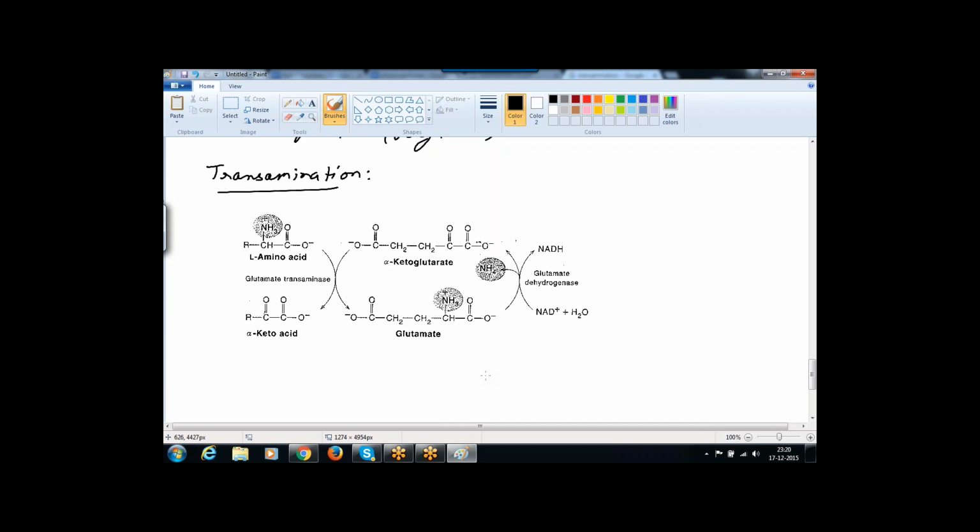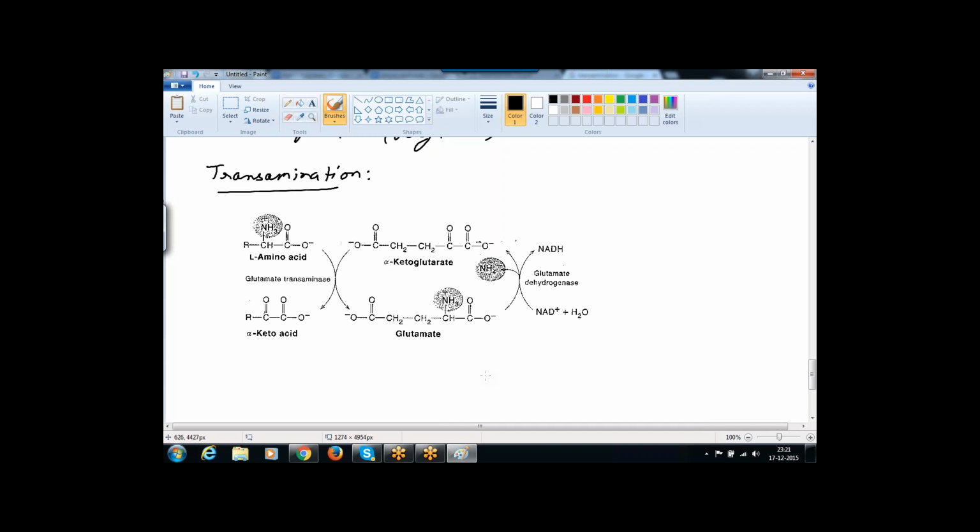So for all other tissues, if the amino group is left alone, ammonia will form and that will be very toxic. So in all the cells of the body, only transamination occurs, that is, transfer of the amino group from one amino acid to the other, or from one amino acid to some other compound.